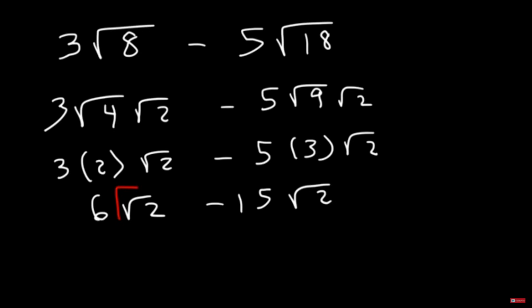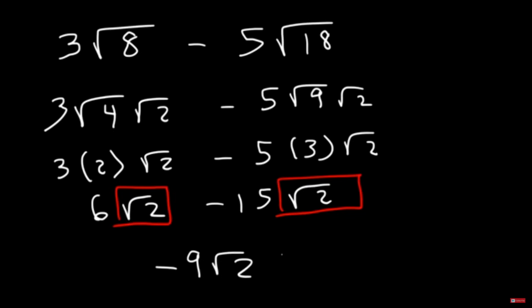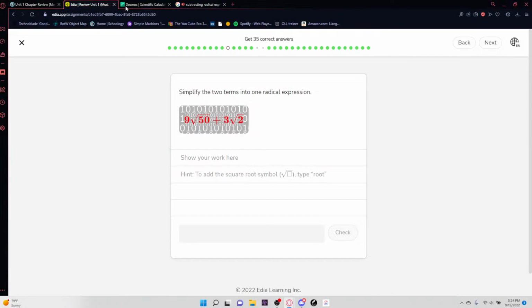Now notice that we have like terms. So now we can combine them. 6 minus 15 is negative 9. So the final answer is negative 9 root 2. Okay.